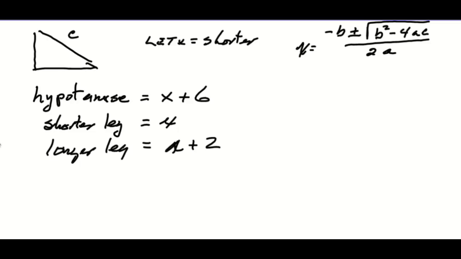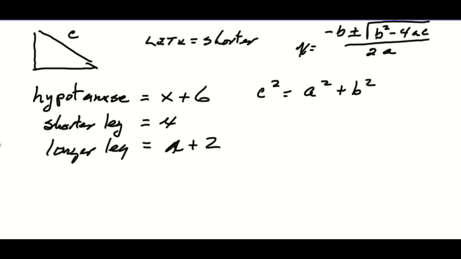If you recall, in solving for the hypotenuse in the Pythagorean theorem, we had c squared equals a squared plus b squared.